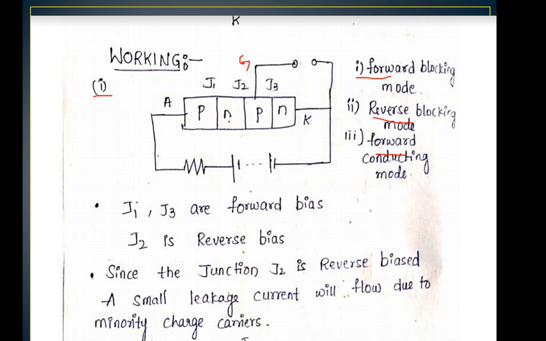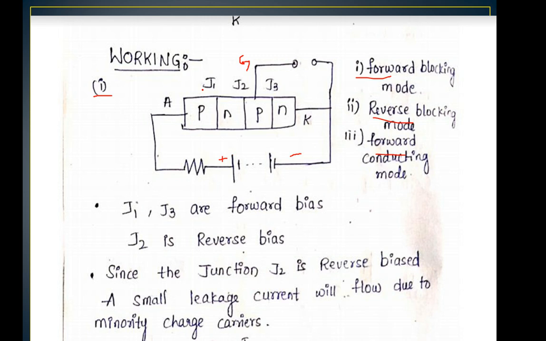Here in forward blocking mode, the P terminal is connected to the positive supply of the battery, and the N terminal, that is cathode, is connected to the negative terminal of the battery. That means it is forward bias condition.